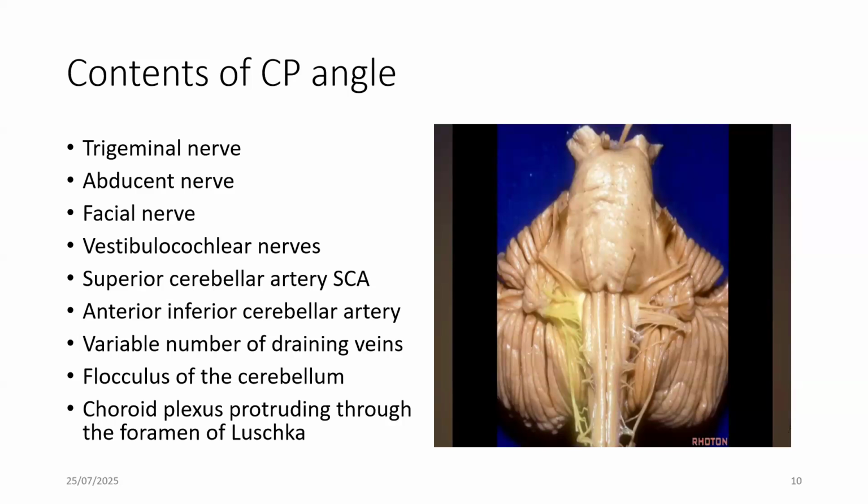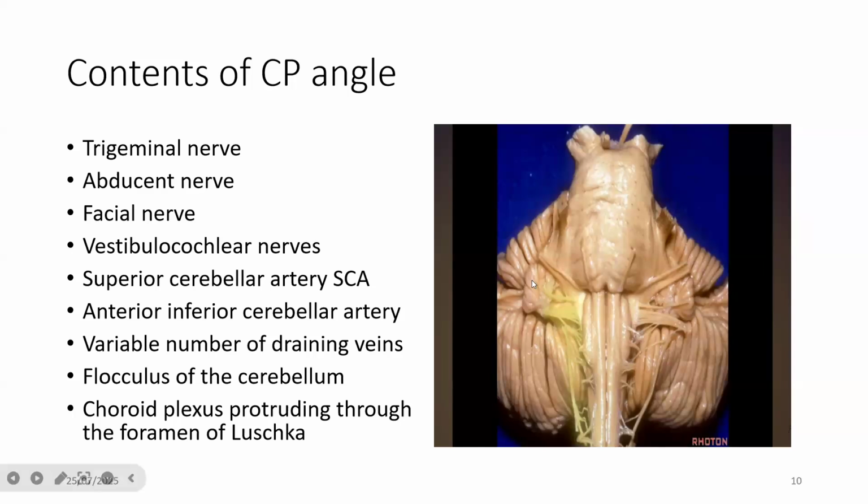I will talk about the layers of neurovascular structures present in the CP angle. The contents include the trigeminal nerve, abducens nerve, facial nerve, vestibulocochlear nerve, and the vessels. So we have the superior cerebellar artery, the anterior inferior cerebellar artery, and a variable number of draining veins, for example the superior petrosal vein, then the flocculus of the cerebellum.